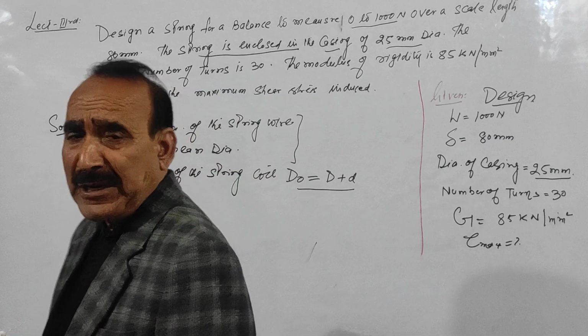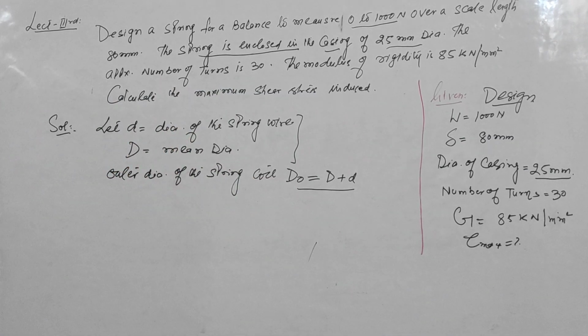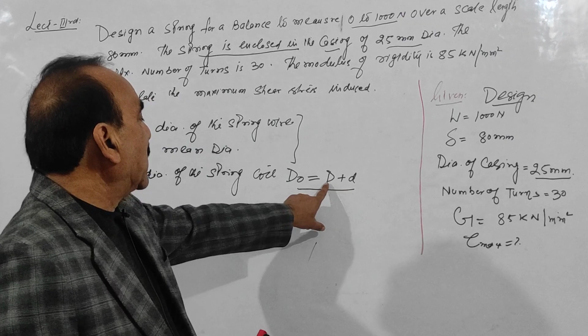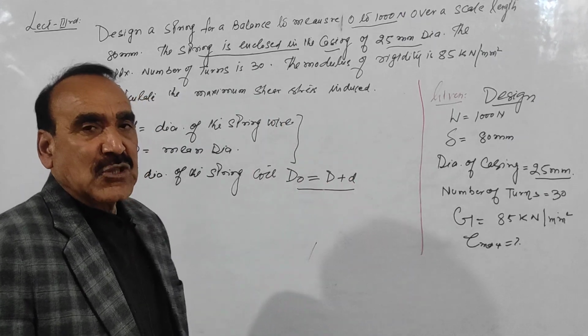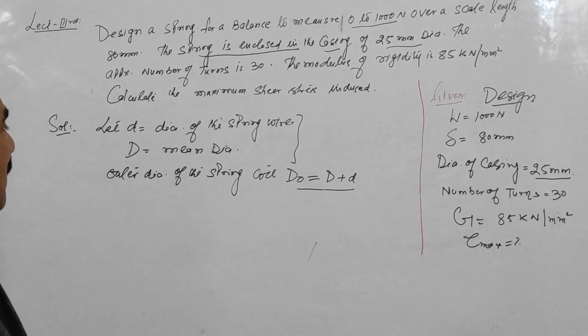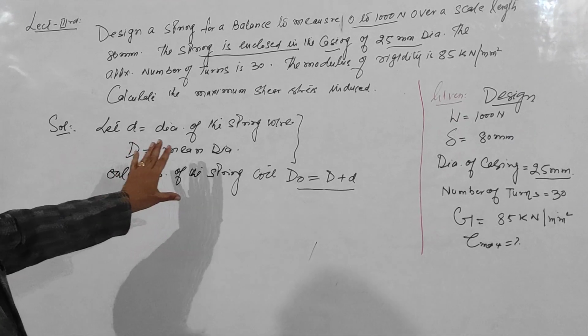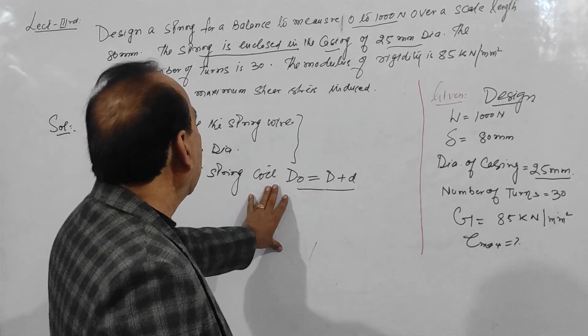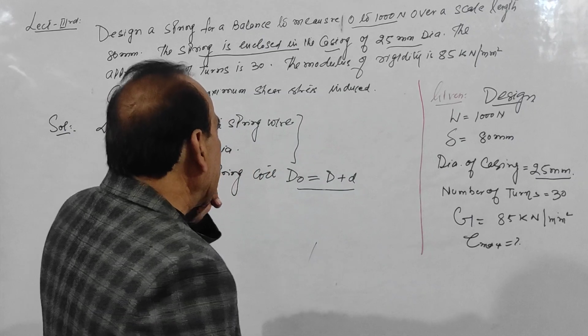So outer diameter of the spring coil, that is D plus d, right? अब देखिए, ना हमारे पास D है ना हमारे पास स्मॉल d की वैल्यू है, राइट। अब इसको हम किस तरीके से कैलकुलेट करेंगे, just see here, डिजाइन करना है हमें, मीन डायमीटर निकालना है और outer diameter of the spring coil D naught, ये आपका अगर है तो this is equal to D plus d, right.